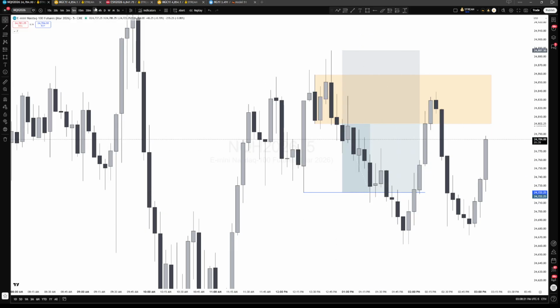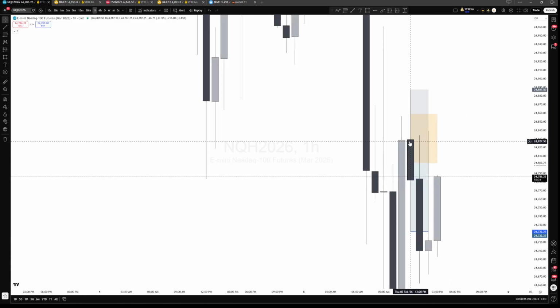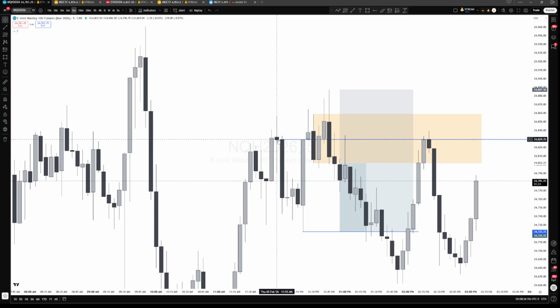Well, when you have these hourly swings like this, the open of the hourly swing candle, the candle that sweeps and closes back inside, these are going to be very, very sensitive areas for price to respect. So I drew the 12 o'clock open, and I'm like, okay, this will make my stop smaller. I'll get in right here.